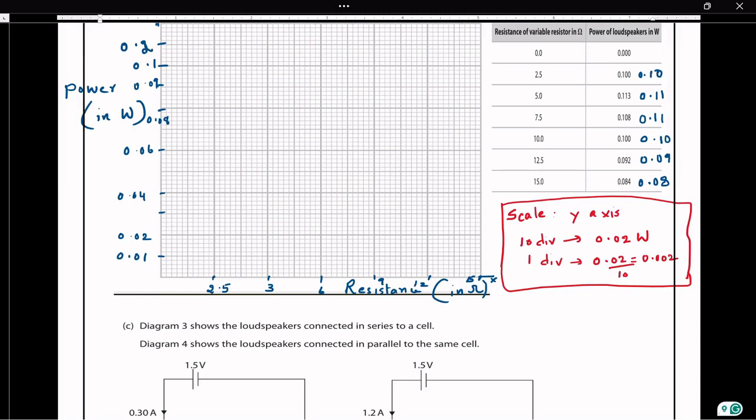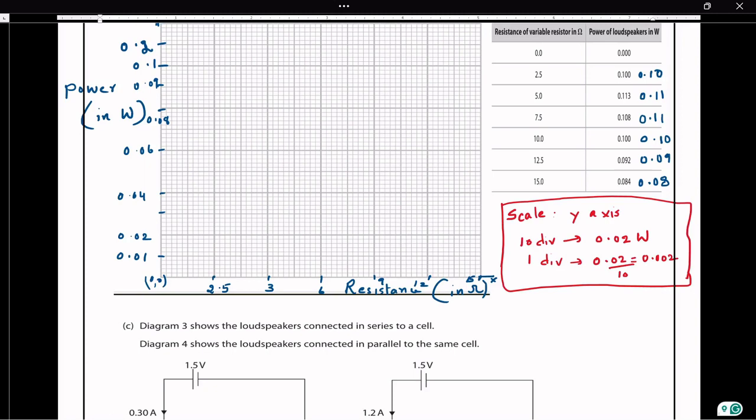Now here again I have chosen a scale of the y-axis in such a way that there are 10 divisions from 0 to 0.2, therefore one division is 0.002.